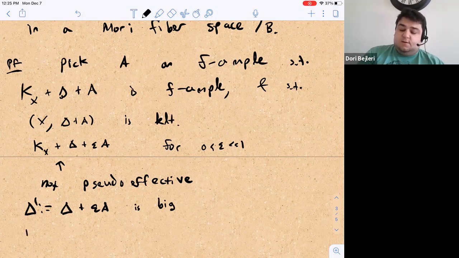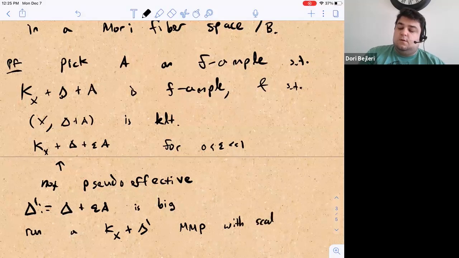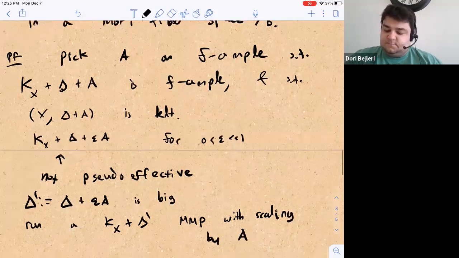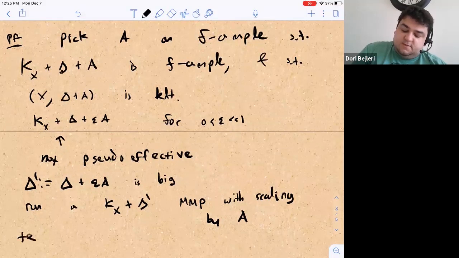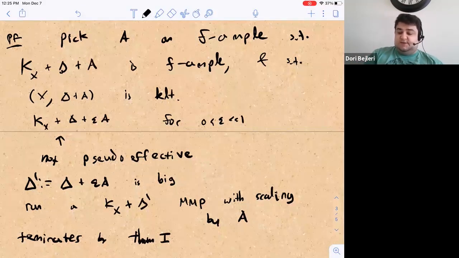And so now we'll run a kx plus delta prime MMP with scaling, where we're scaling by A. And so now this terminates by the main theorem, I guess what I labeled theorem 1. But because kx plus delta prime is not pseudo-effective, it has to terminate in a Mori fiber space.